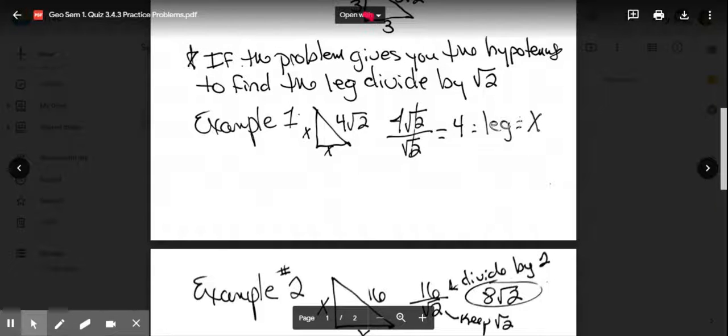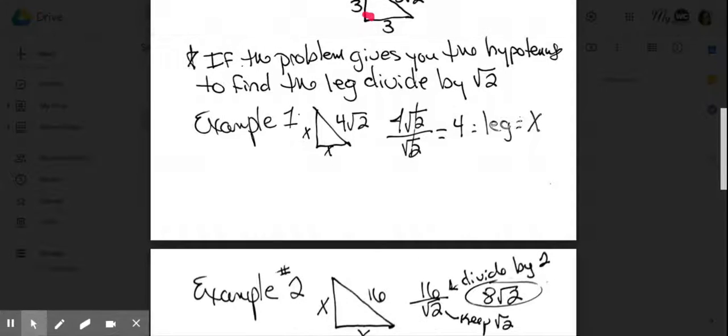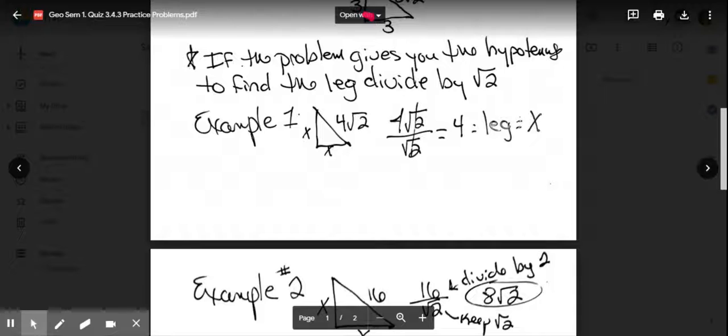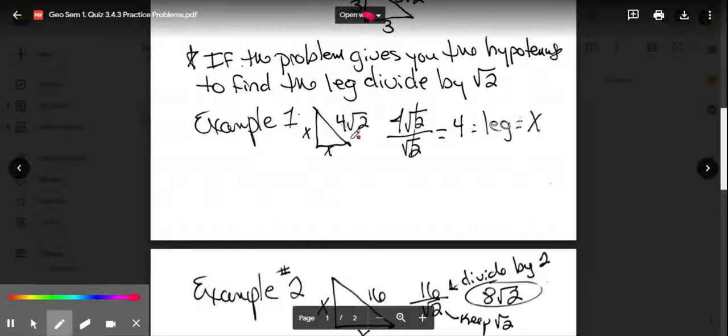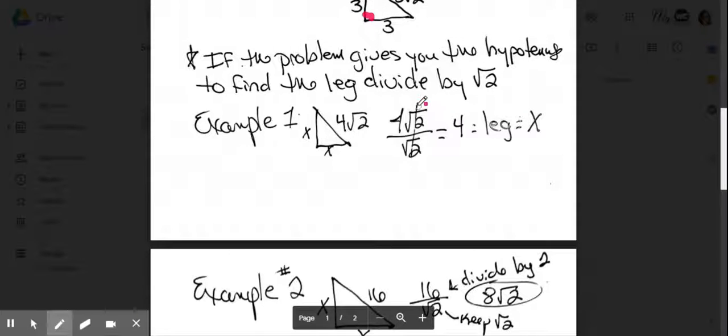So in this case, our hypotenuse is 4 square root of 2. So if we go over here and we do 4 square root of 2, and we divide by the square root of 2, then that square root of 2 and square root of 2 are going to cancel each other out, which leaves us with 4.